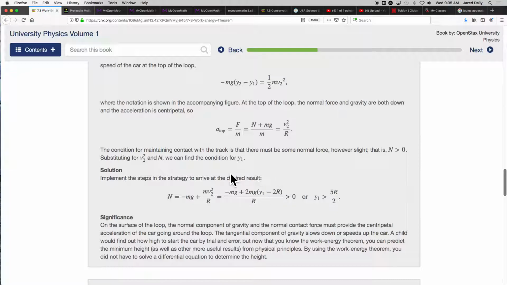What this is saying is that the weight of the car plus the normal force has to equal 0. They have to cancel out. That's all this is saying. But there's a couple of things involved here because of the velocity going around, the centrifugal force, so to speak. So this formula tells us what the normal force has to be.